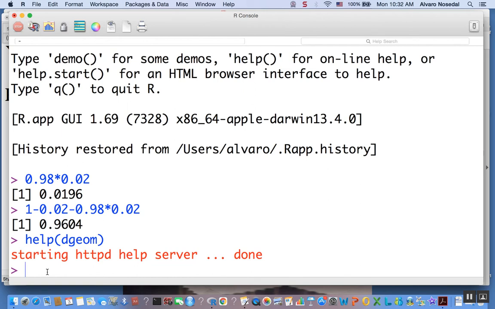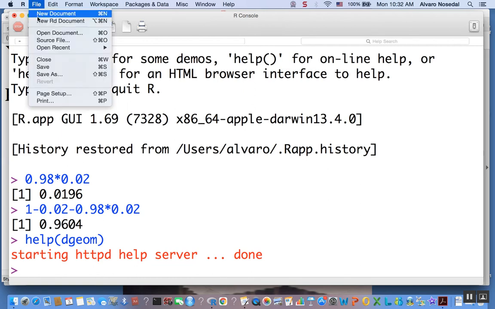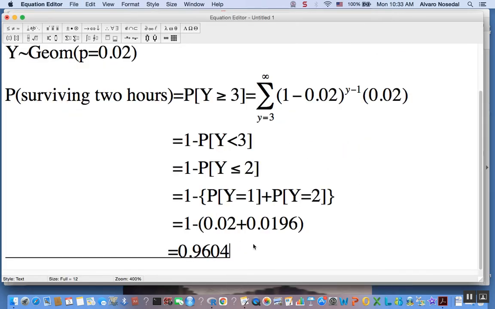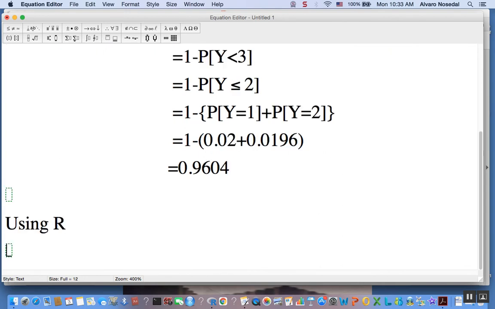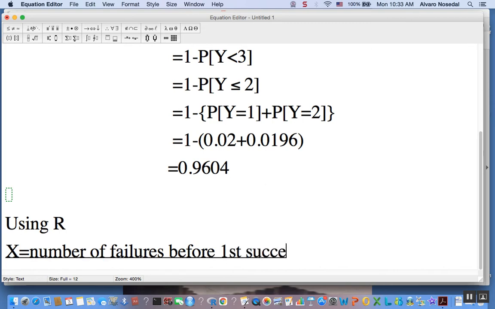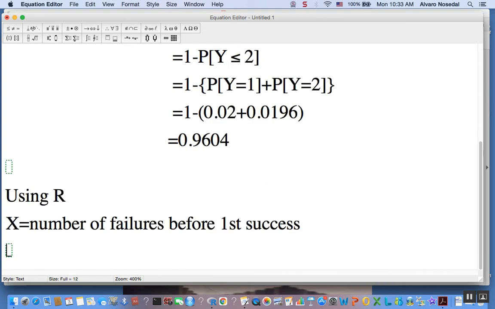Let me write it down here, and then we're going to use R. Remember that x represents number of failures until your first success. It's really important that the random variable is slightly different.